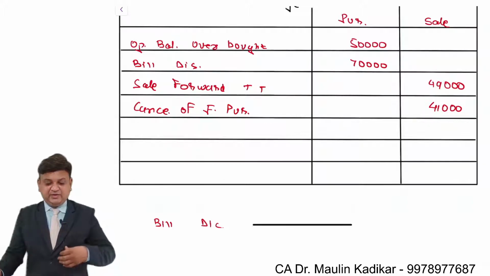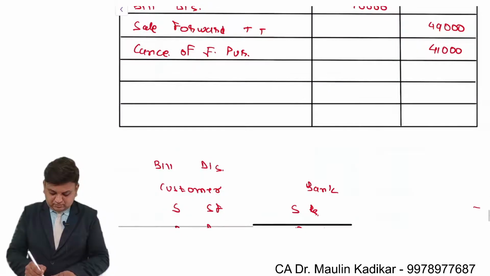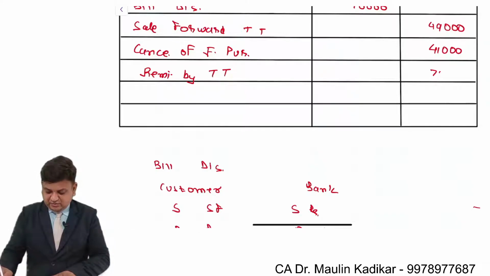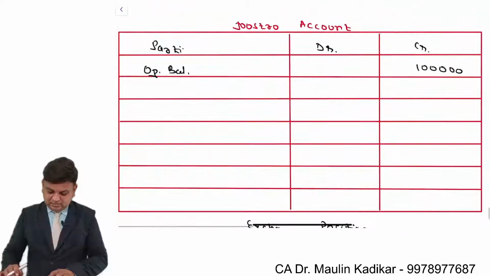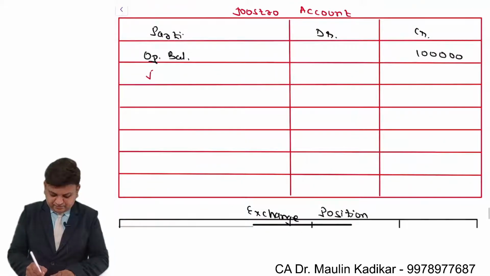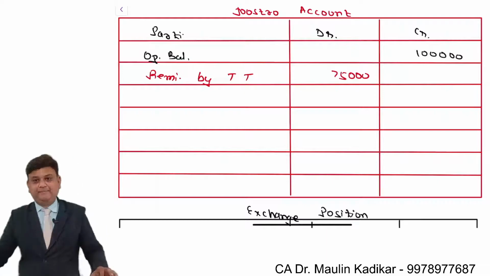Remitted by telegraphic transfer an amount of 75,000. So remittance by telegraphic transfer 75,000. This is what we understand.